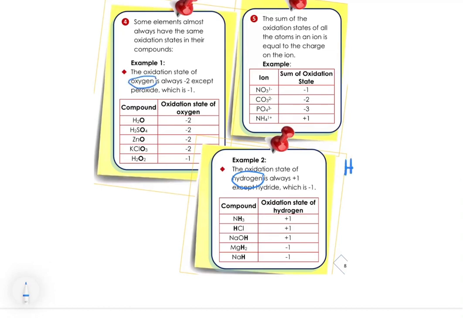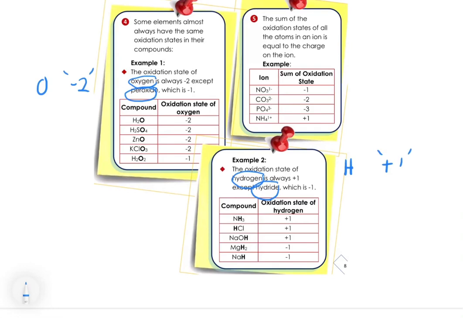Hydrogen always has +1 oxidation number with some exception, and oxygen always has -2 oxidation number with some exception. So hydrogen is always +1 except in metal hydride, and oxygen is always -2 except in peroxide.